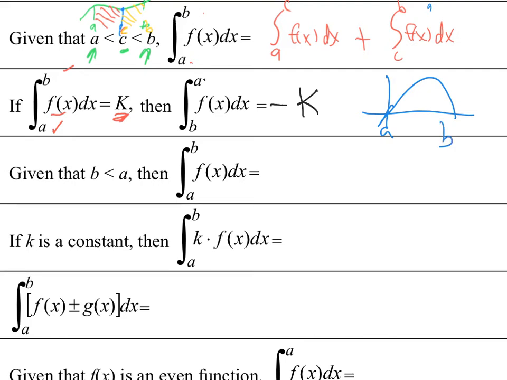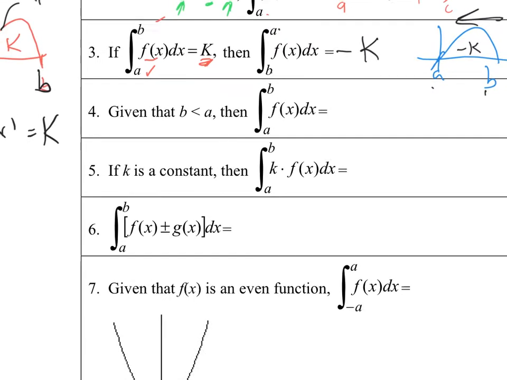But when you go this way, the area turns to negative K. So sometimes we switch it on purpose just because we want to flip it. What if the original area was left to right? Then we can switch it from right to left and switch the sign. That's why it's a property.